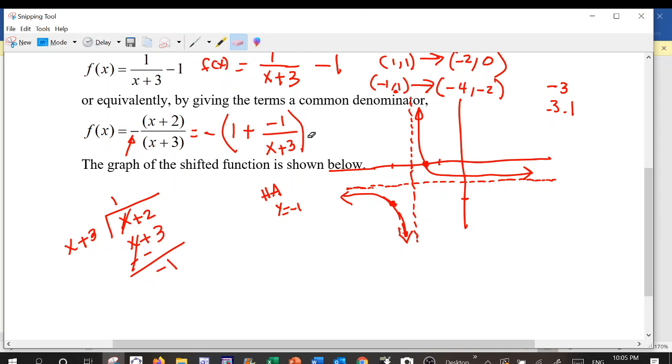And if I multiply by this negative, I get negative 1 plus 1 over x plus 3. But notice, that's the same thing that we were working on. They don't look the same, but they are the same, right? So when you have a linear over a linear, when you divide it, you get something that is related to the function that we already know how to graph, and we can use transformations to graph it. All right.